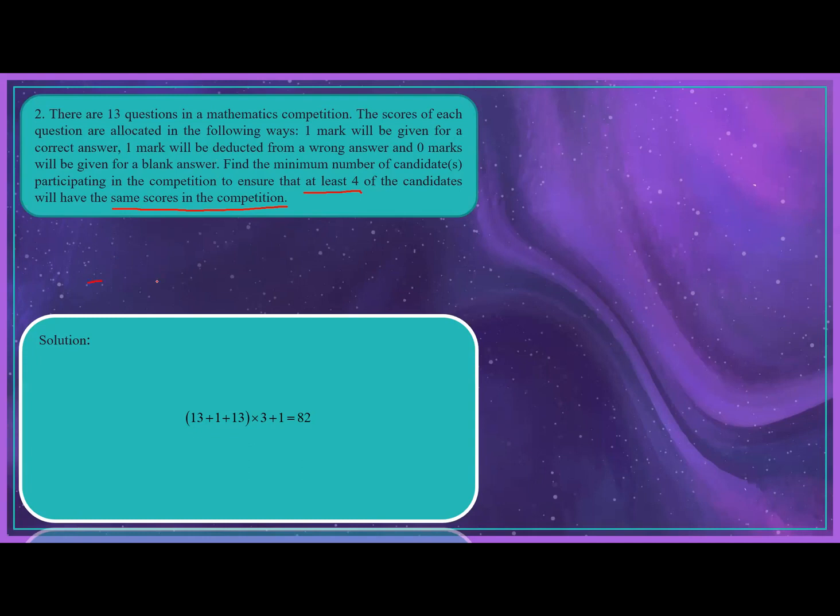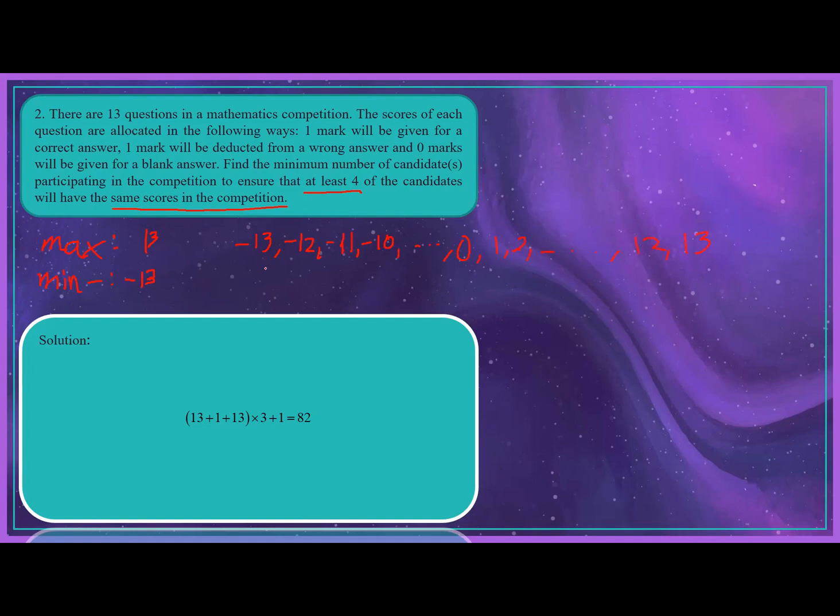So this means that our perfect score would be 13, right? Our perfect score would be 13. So max score would be 13, and our minimum score is negative 13. Okay, and so on. So our total number of scores would be from negative 13 to negative 12, negative 11, negative 10, and so on, then 0, then 1, 2, and so on, up to 12 and 13.